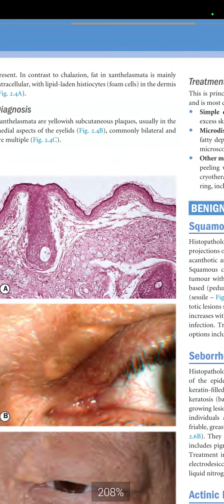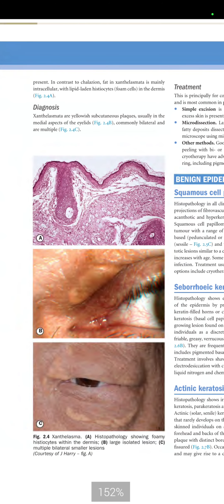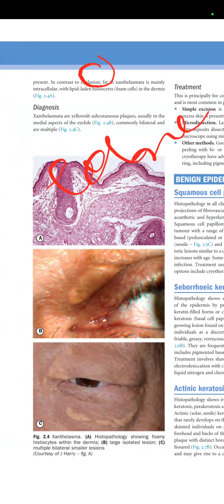In contrast to the chalazion, fat in the xanthelasmata is mainly intracellular, with lipid-laden histiocyte foam cells in the dermis. So basically, in chalazion there is extracellular fat, but in xanthelasma there is intracellular fat, and there will be foamy lipid-laden histiocytes or foam cells in the dermis.